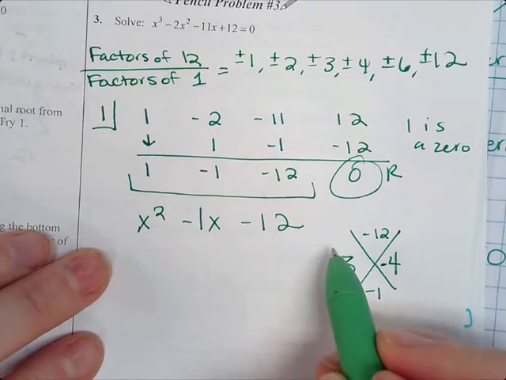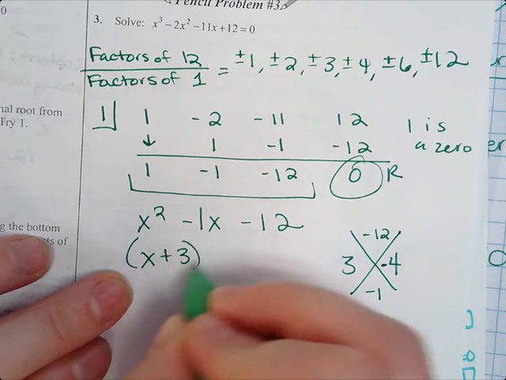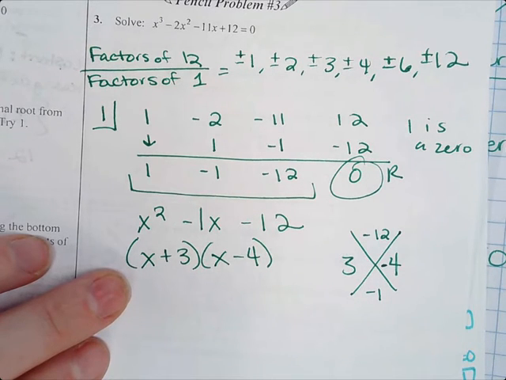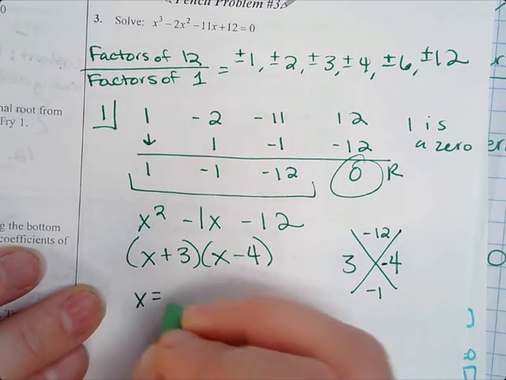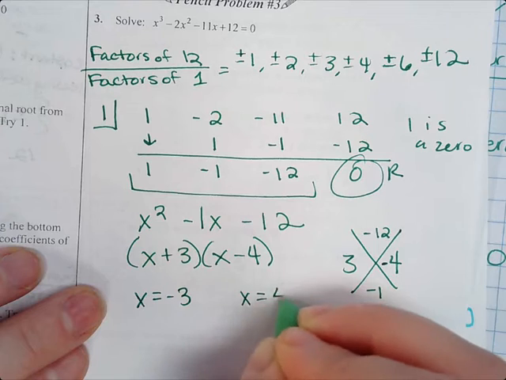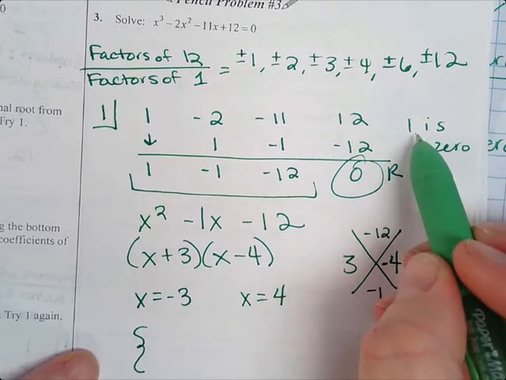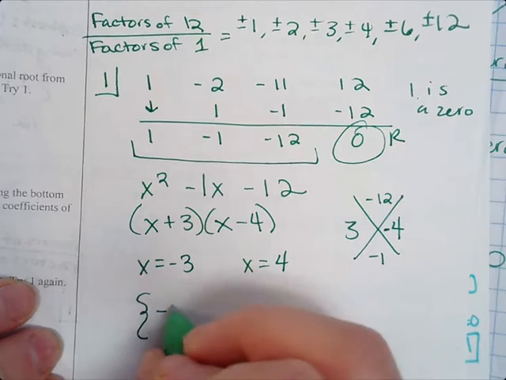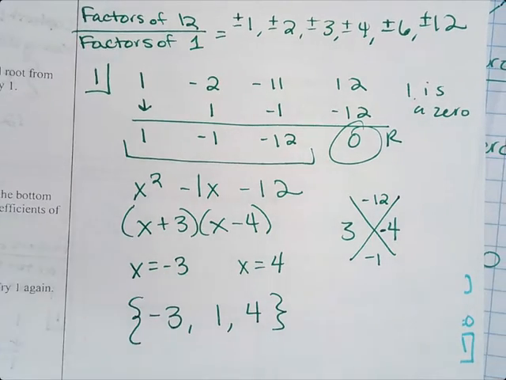So that means we can factor this to solve to get our 0. We solve these, and x equals -3, and x equals +4. So our solution is that one that we have, the -3 and the 4. We list them in ascending order, so -3, 1, and 4. And those are our zeros.